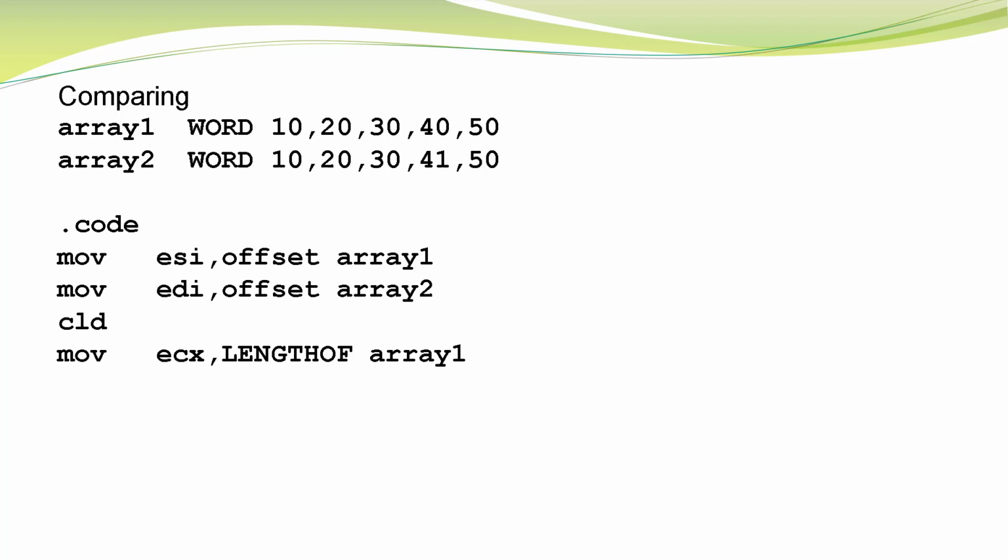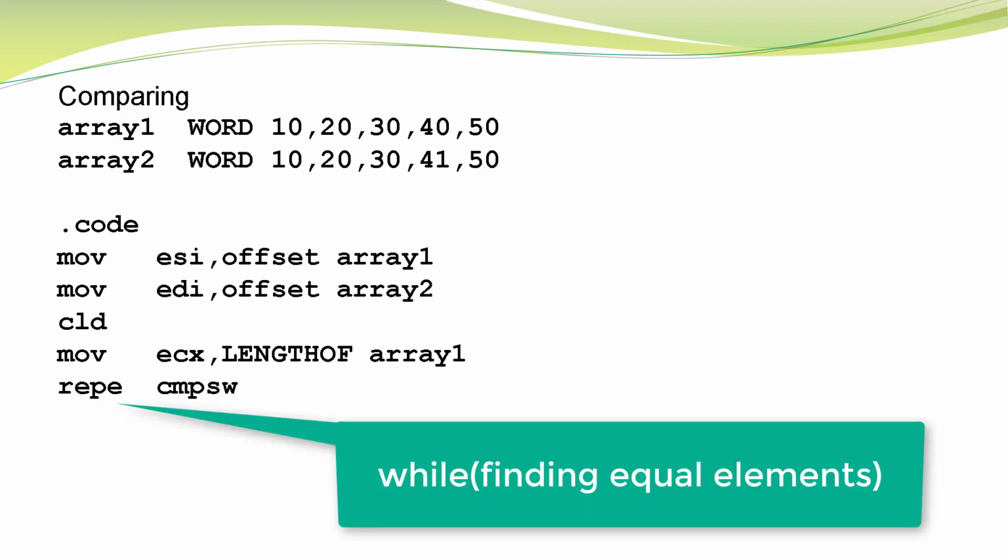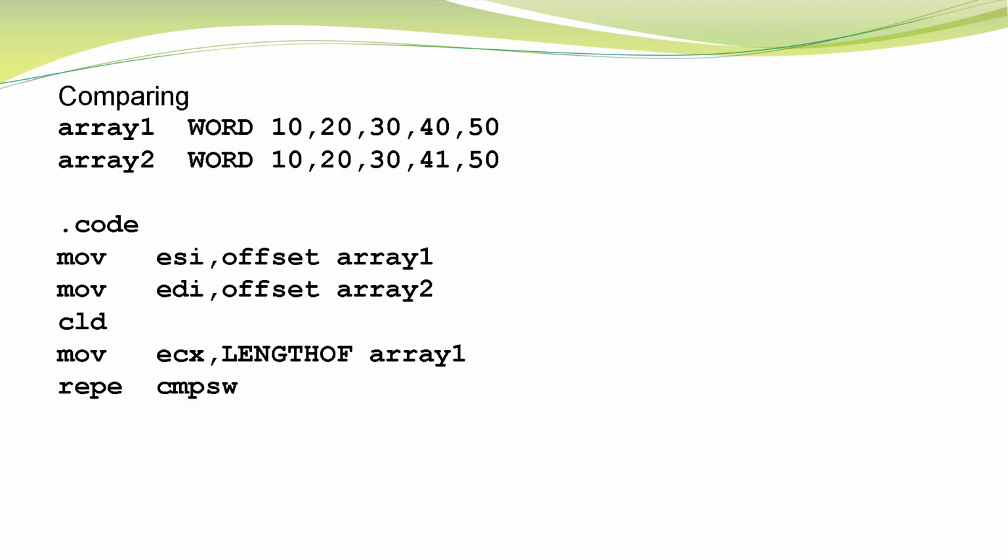And we're going to use a repeat prefix that says keep on comparing each pair of words as long as they're the same. Now when that loop stops, one of two things is going to be true. Number 1, either all the elements are identical in the two arrays, or number 2, there was a mismatch someplace between two elements. In this example, the fourth elements of the arrays don't match, so the loop stops.